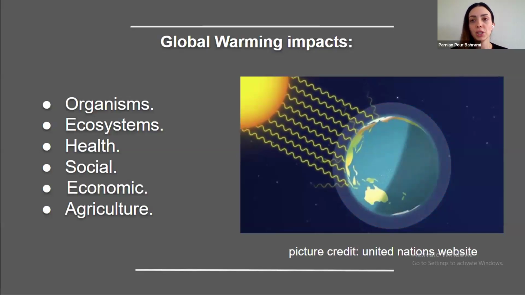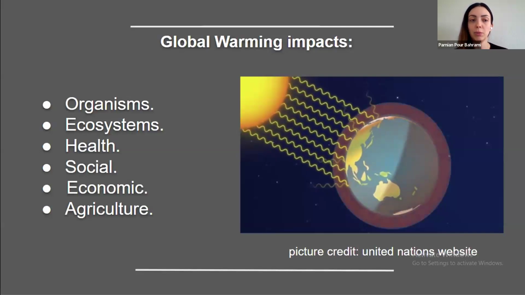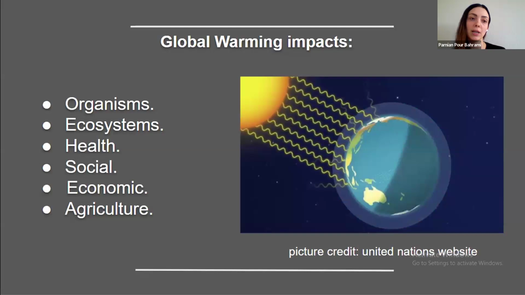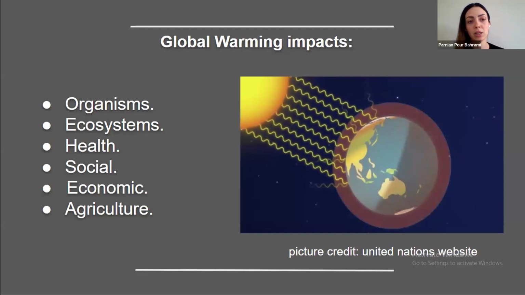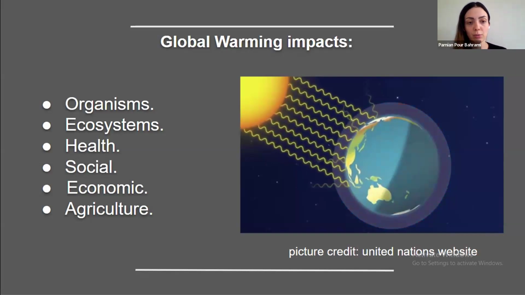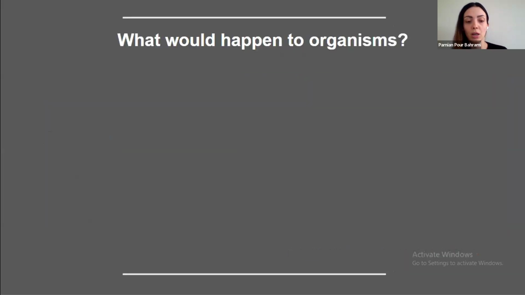Climate change leads to increasing temperature, and global warming has several impacts on different aspects. Some of the impacts I can name are on organisms, ecosystems, health, social, economic, and agriculture. But what if we want to know what would happen to organisms when the temperature is rising rapidly?